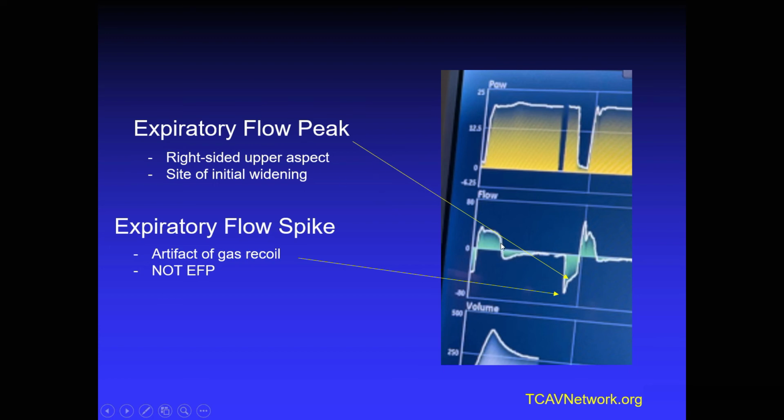And the expiratory flow peak is actually right here, at the upper aspect of this, at the site of initial widening. So this is where you need to calculate, or this is really where the expiratory flow peak is. And you need to utilize that number, not this number, because when you see this spiking, this is an artifact of gas recoil and not the true expiratory flow peak.